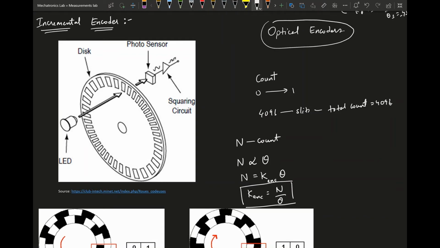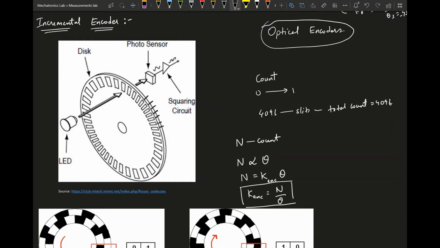Optical encoders are nothing but encoders that use light to find out the angle. So in encoders, you basically have a disk which has multiple slits or holes in it. So the way we find out the angle moved is by finding the count.